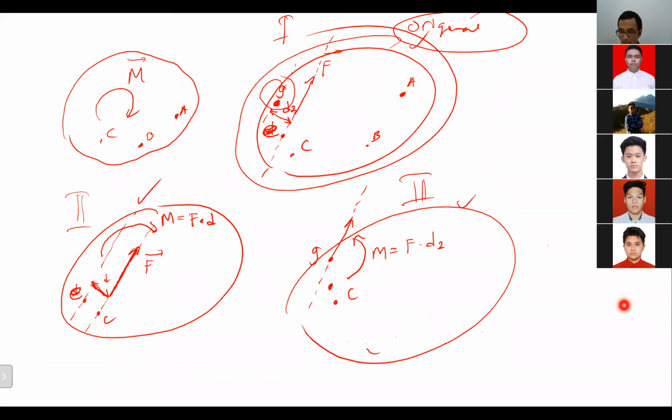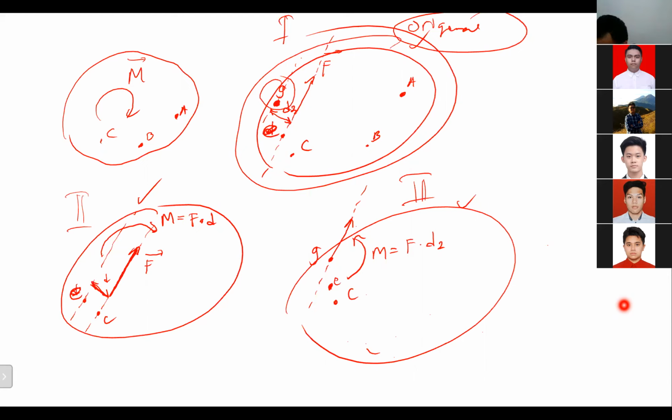So what is your question again? I still don't understand why when you move from point E to G, the rotation is anti-clockwise.